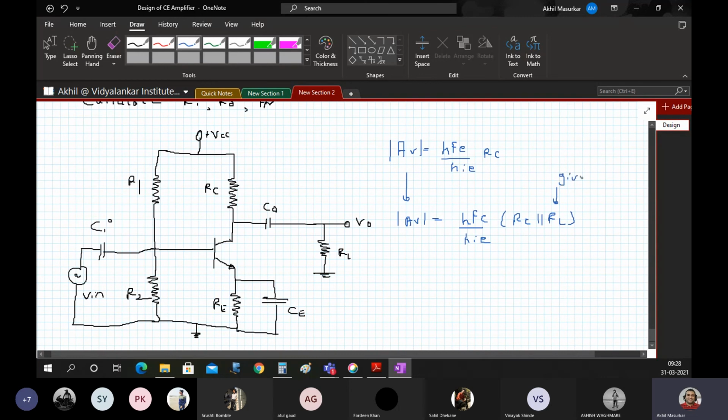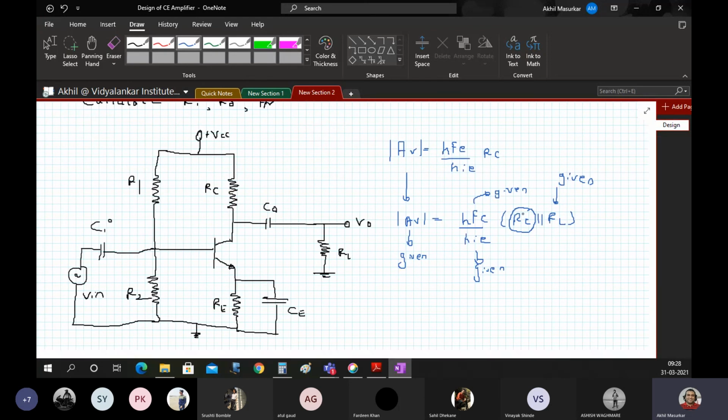So RL is given, hfe is given, hie is given, and even Av is given. So the only unknown becomes Rc. So that's how you have to solve it to start.